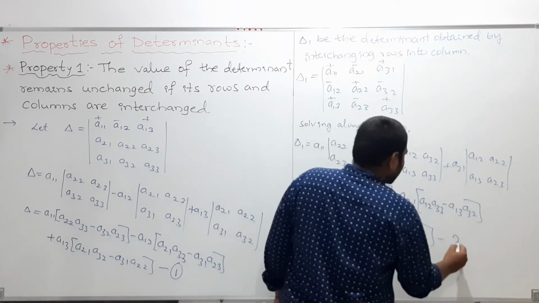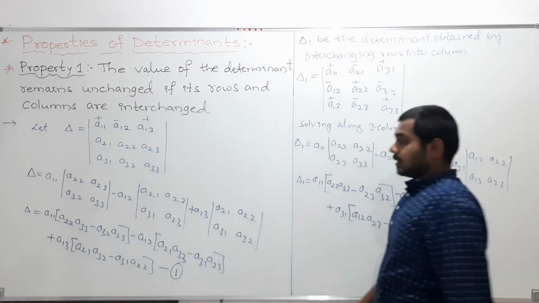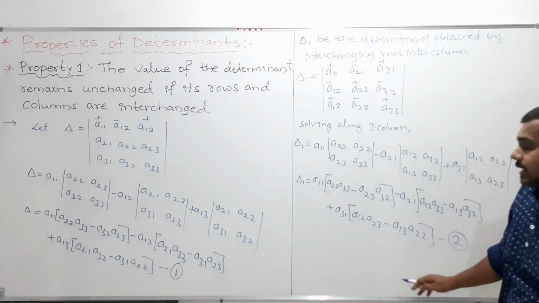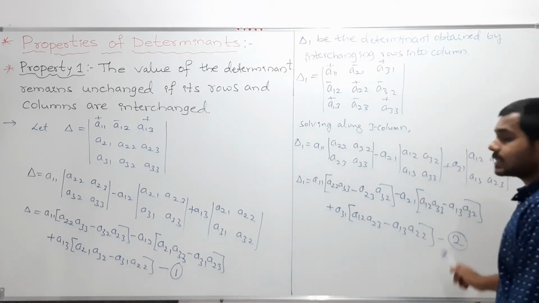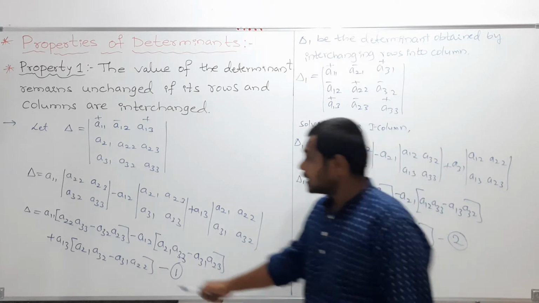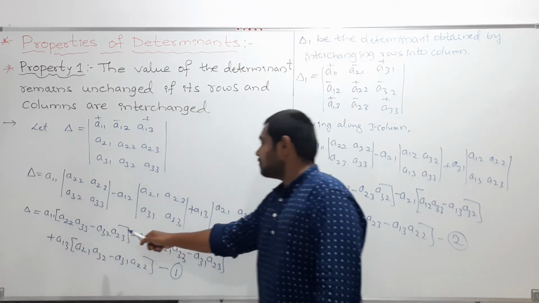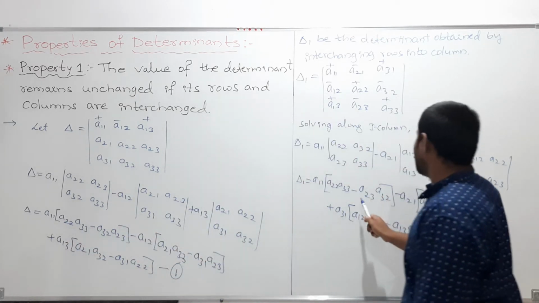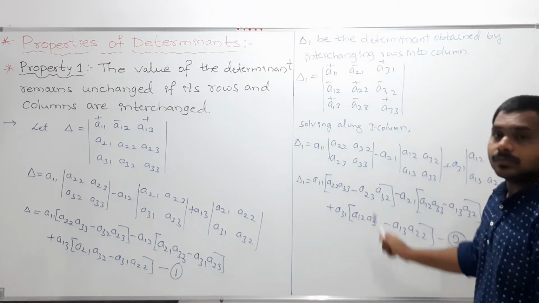Now I will call this 2. Now, my dear students, please observe whether 1 and 2 are the same. Yes. See here, A11 into A22 A33 minus A32 A23.